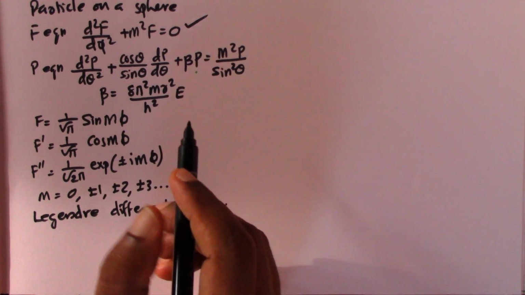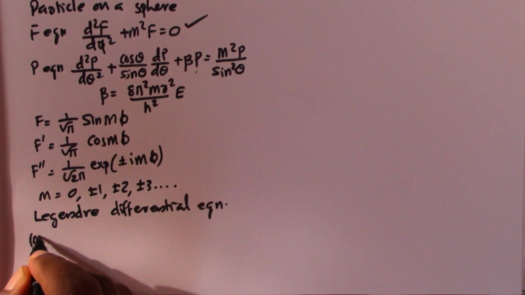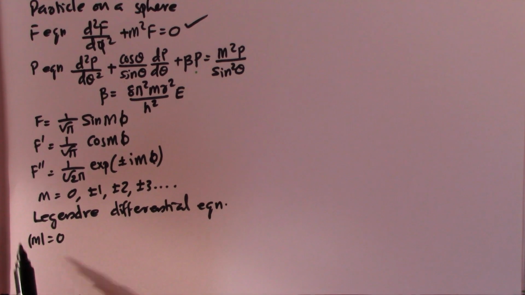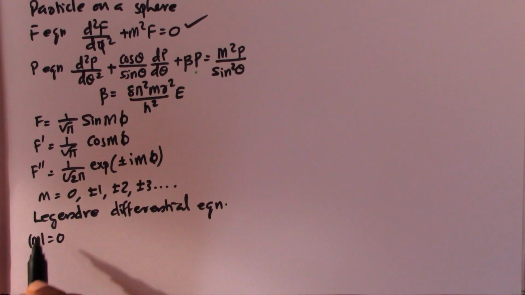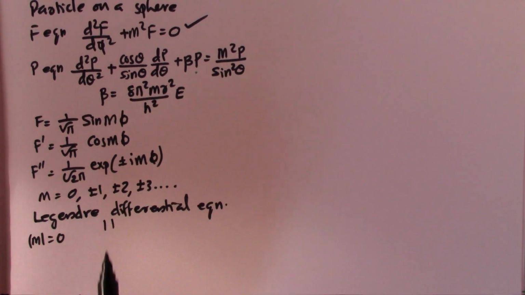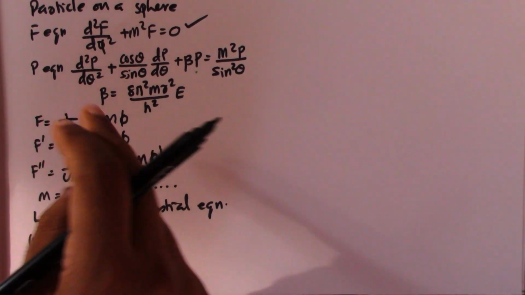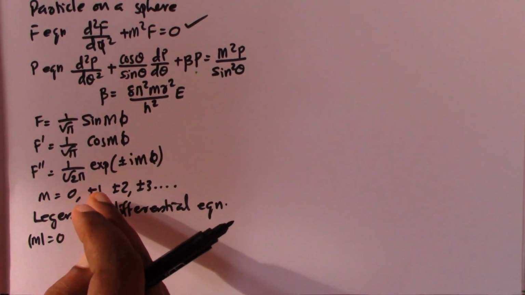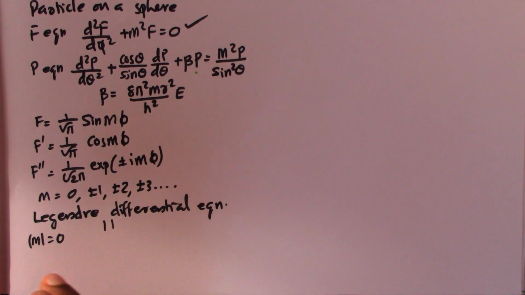So I have put the symbol here, which represents the absolute value of m. For m equal to 0 that doesn't matter, but when we go to the other values of m, that is plus or minus 1, plus or minus 2, this is very important.